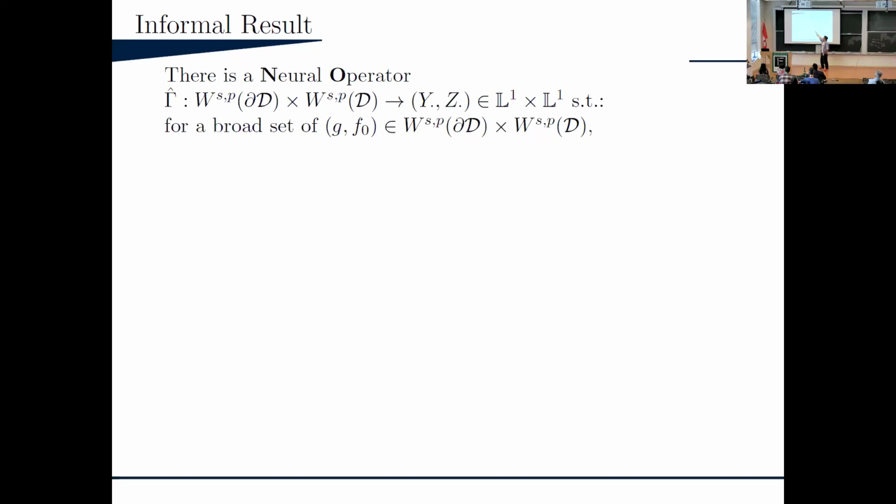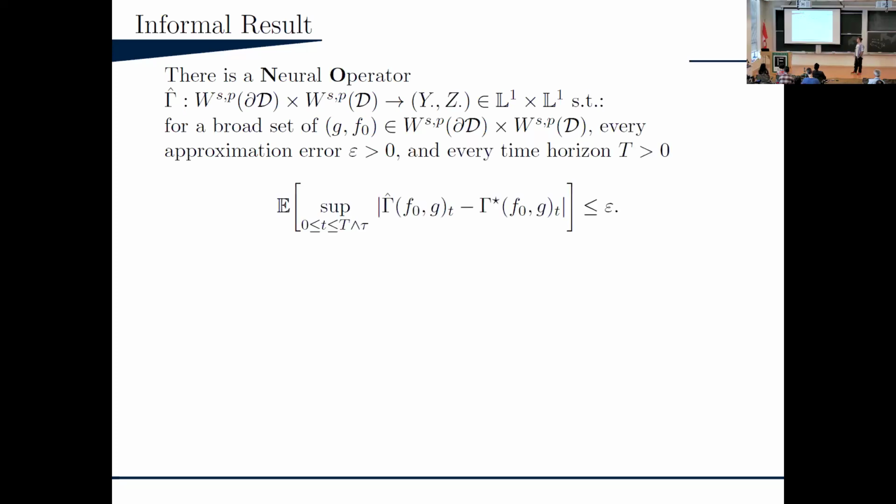So what that does, again, it takes boundary data, so G, the terminal condition, some source data, so F0, the perturbation to the dynamics, and it gives me a candidate for the solution of my FBSDE, so a Y and a Z. Okay, and the idea is that for every approximation error, and for a broad set of G and F, and for every time horizon T, I can get this approximation error uniformly over all the F and G. Okay, oh, I flipped the order.